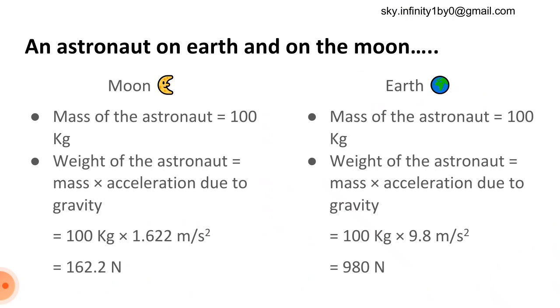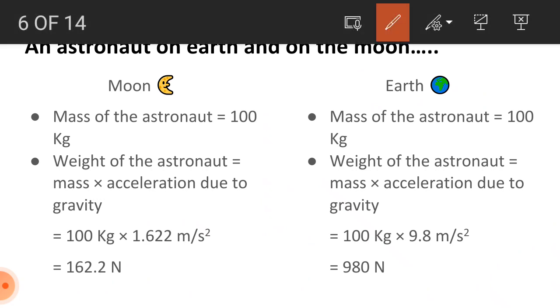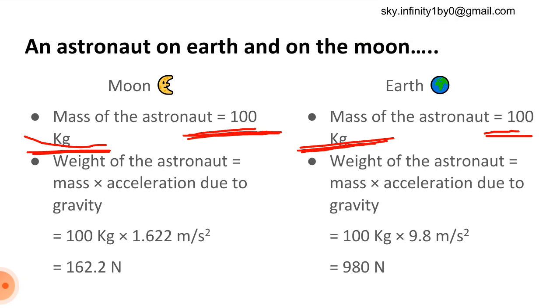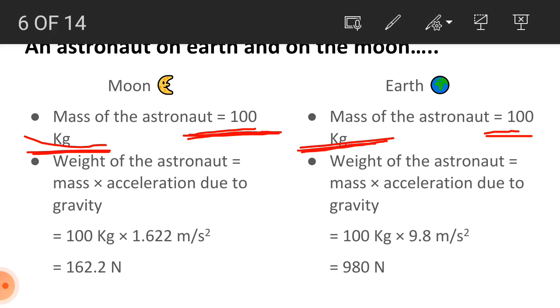Coming back to the example of the astronaut, we have already said that mass is constant. So the mass of that astronaut, which is taken as 100 kg, is the same on earth and also on moon. But when we consider the weight, by using the formula weight is equal to mass into acceleration, we get two different values of weight.